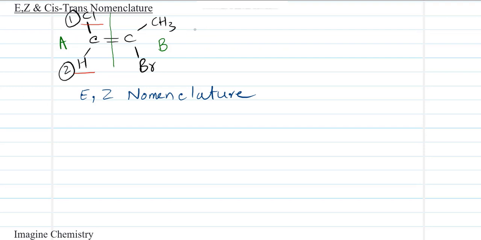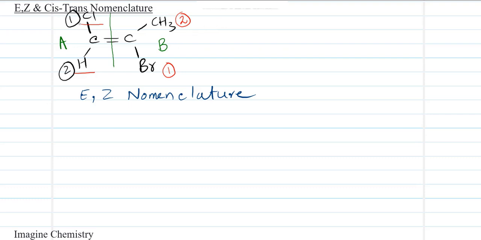Now let's work on the second part. Here you see that bromine has a higher atomic number than carbon. So here bromine is 1 and methyl is 2. So the first step to assign E Z nomenclature is that you divide the molecule into two parts and then assign the priority orders to the substituents separately.